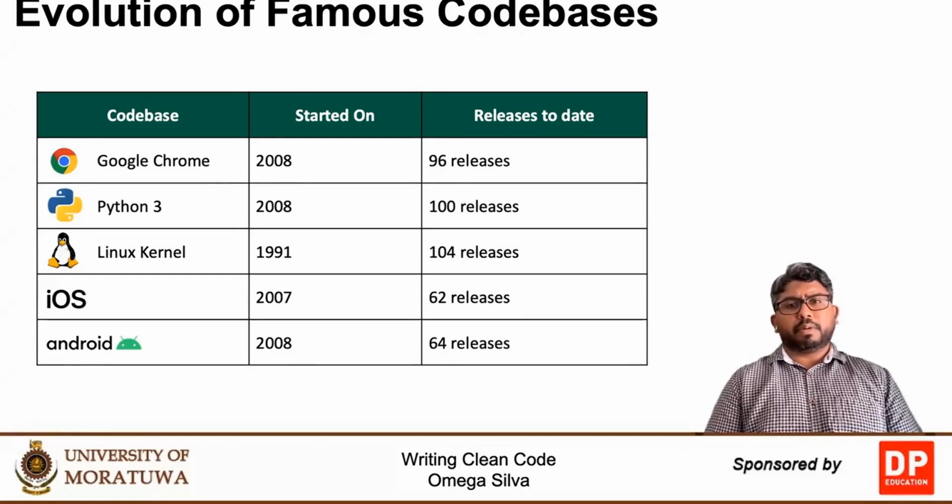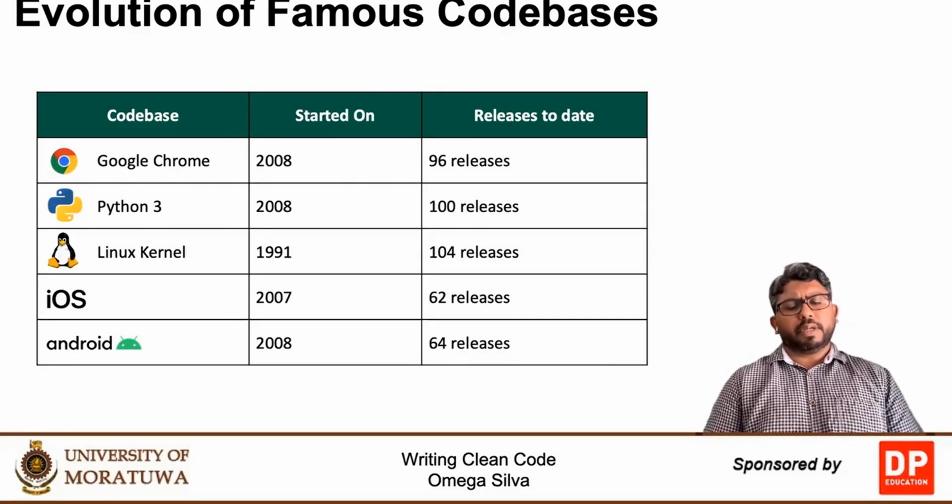If you look at Google Chrome, they started off in 2008, and they have done 96 releases so far. If you're wondering what a release is, that's where the development team does a significant amount of code changes and additions, implementing new features, enhancing existing features, or fixing defects, tests the code base, and releases it to the general public for use.